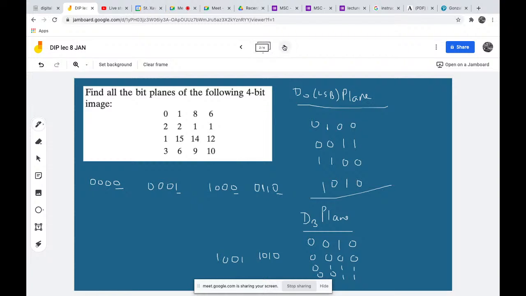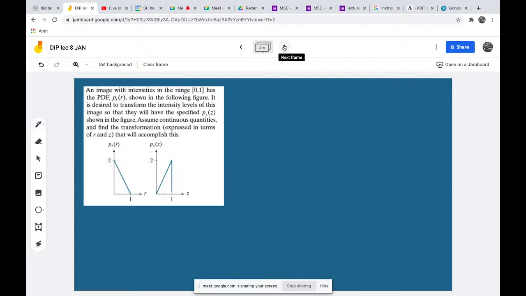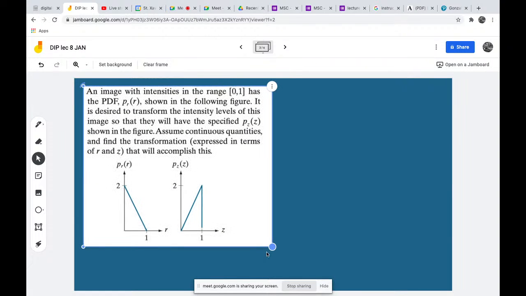Okay, going ahead. Let me see what else I have. This is something similar to the first problem, so I'll just explain. If you are on phone, I can enlarge it a bit. An image with the intensity in the range 0 to 1 has the PDF, probability distribution function, technically the histogram, shown in the following figure.